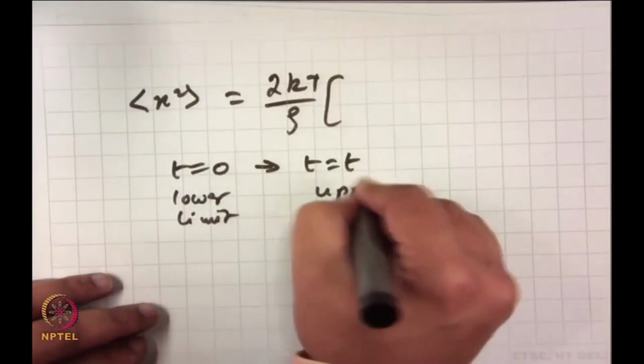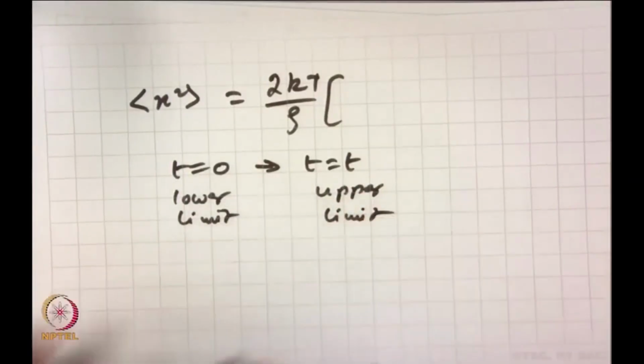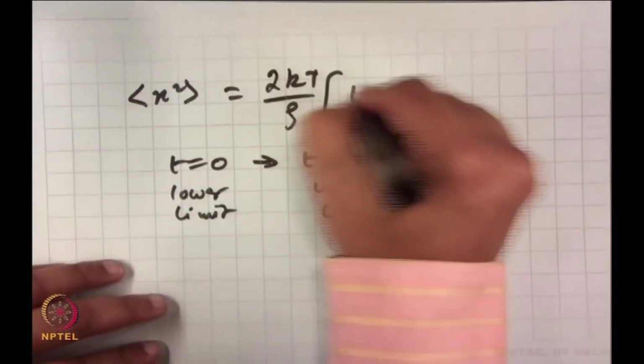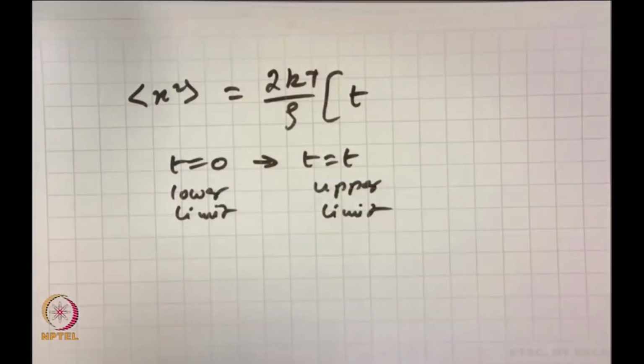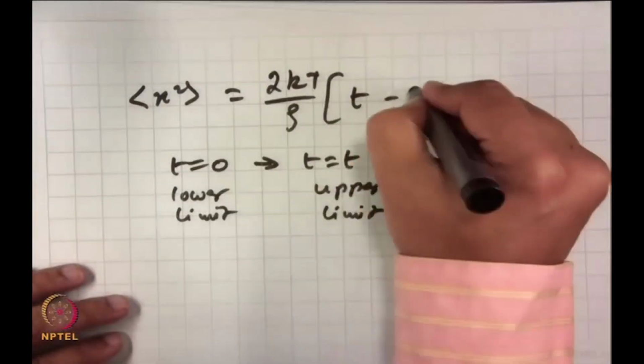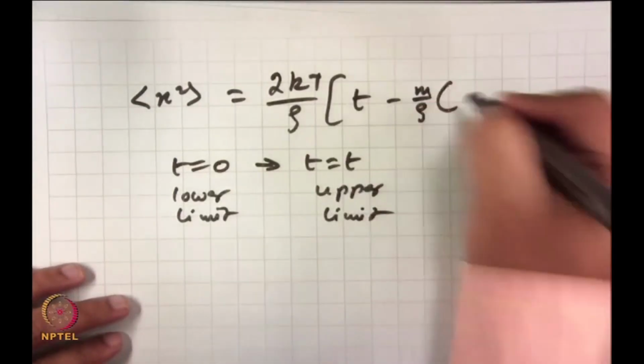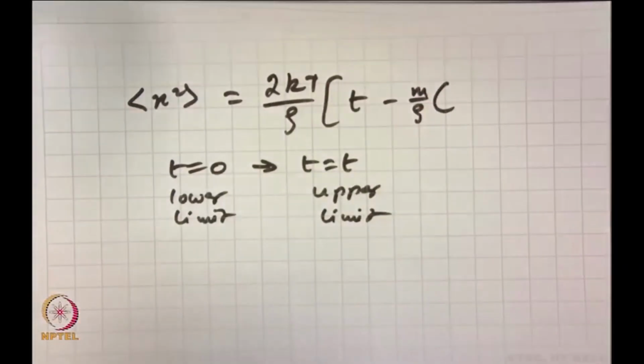The first one would be t. Now, what about the next factor? The e to the power minus xi by m into t will stay, and the other one will go to 1.